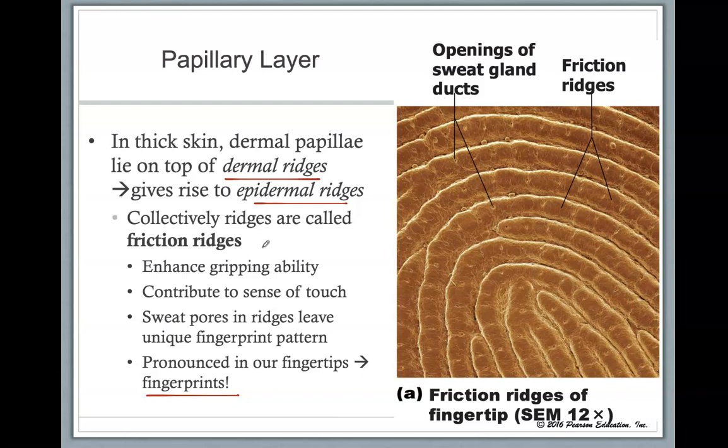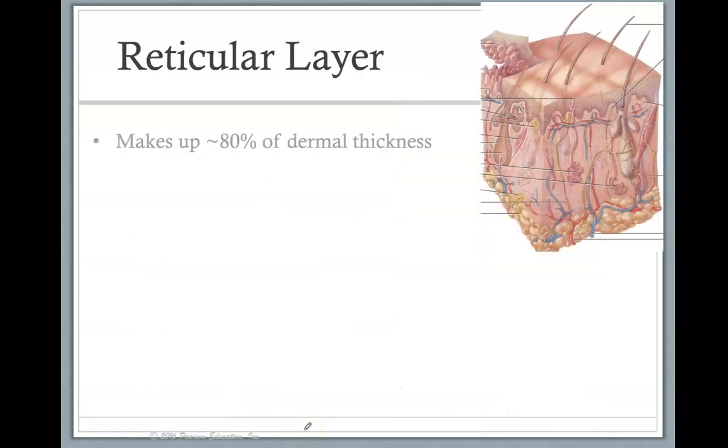It also helps to contribute to an increased sensation of touch, right? Because we have more surface area for those touch receptors and nerve endings. And then we even have, check this out, sweat pores in our fingertips. So pretty crazy, all of the things that you can find just in your fingertips.